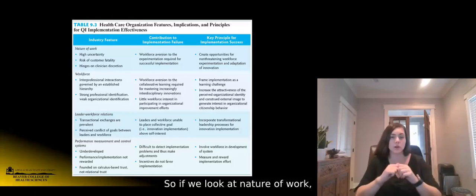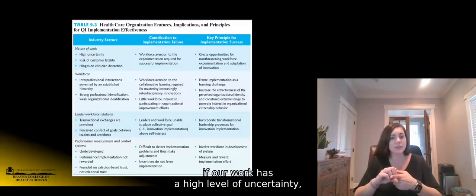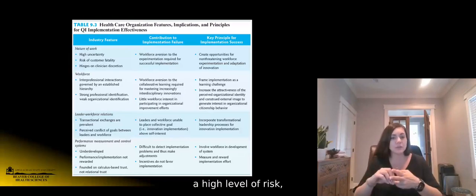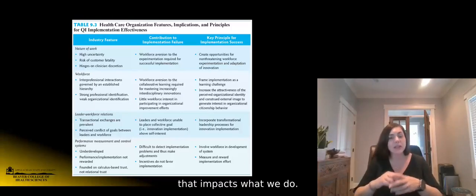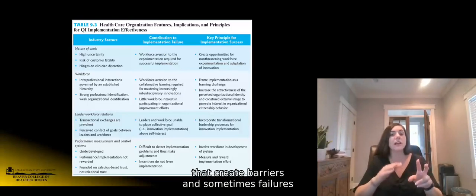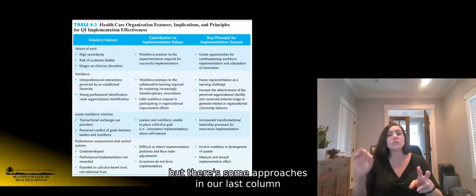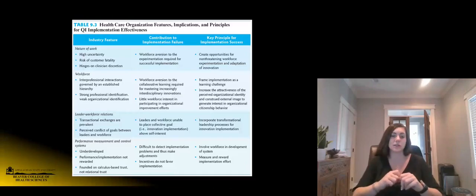So if we look at nature of work, if our work has a high level of uncertainty, a high level of risk, if it hinges on what clinicians, providers want to do, that impacts what we do. So those are features of the healthcare industry that create barriers and sometimes failures in implementation. But there's some approaches in our last column to addressing the nature of work in healthcare.